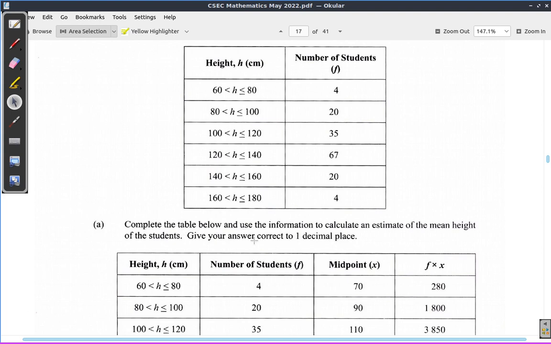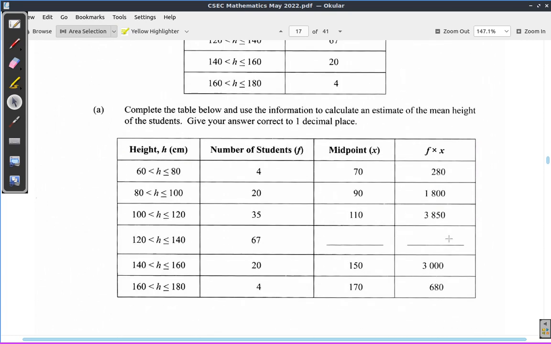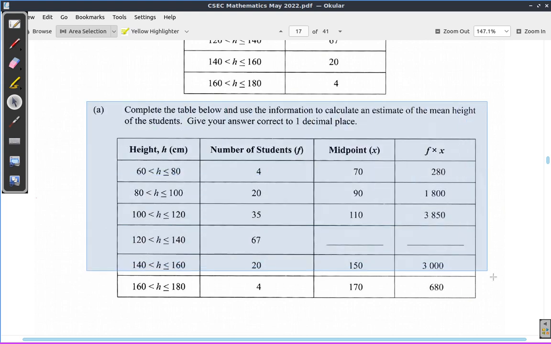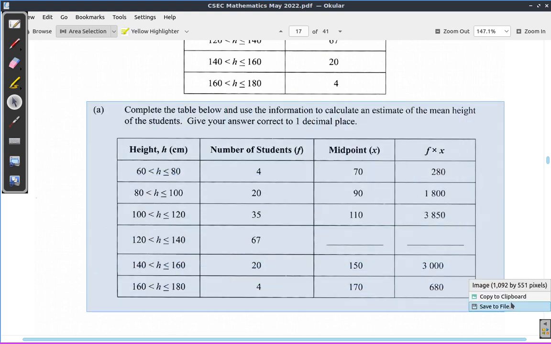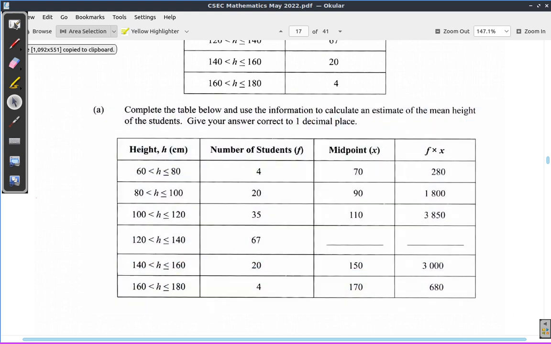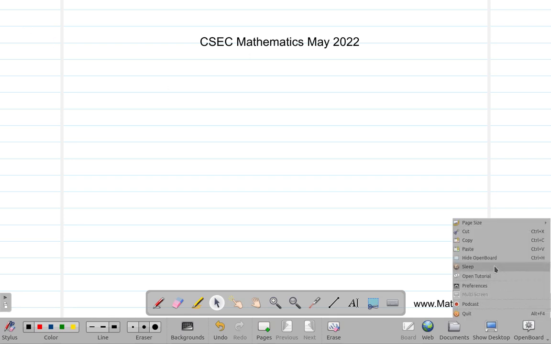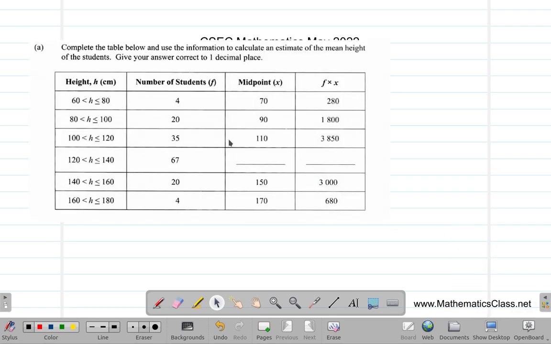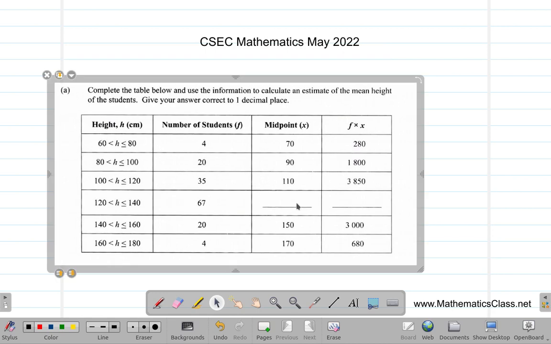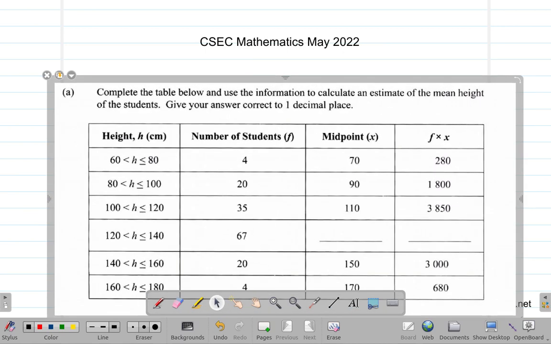Complete the table below and use the information to calculate an estimate of the mean height of the students, giving your answer to one decimal place. We just copy this table and put it over here and increase the size.